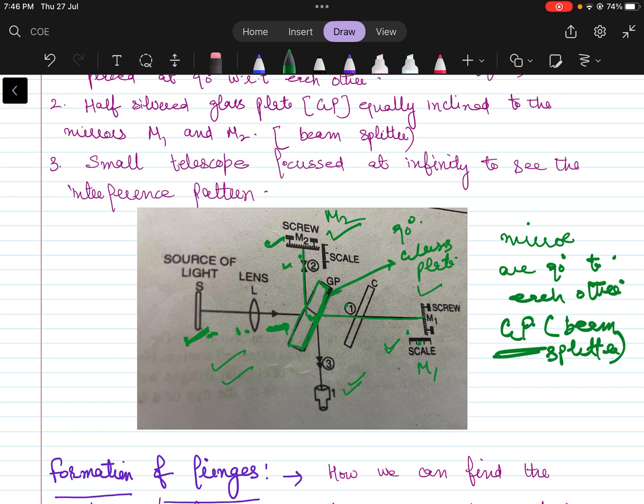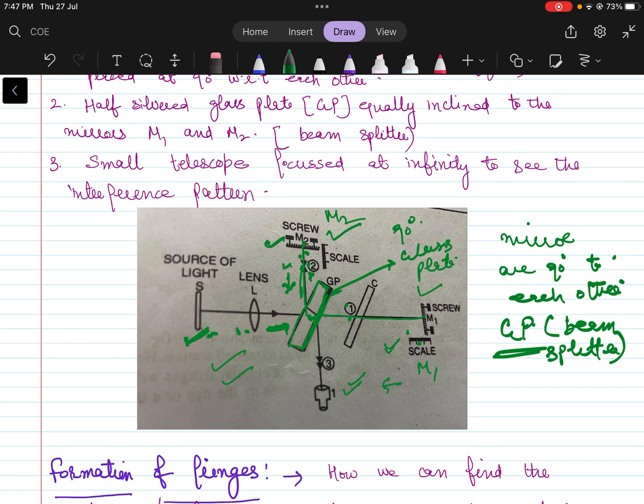The reflected beam, the second beam, goes to the mirror M2 and is incident normally on it. From M2 the beam is reflected along the same path, and is then transmitted through the glass plate GP and joins the beam reflected from M1.